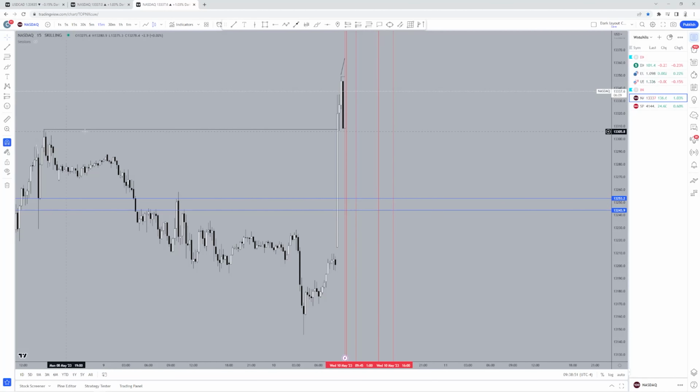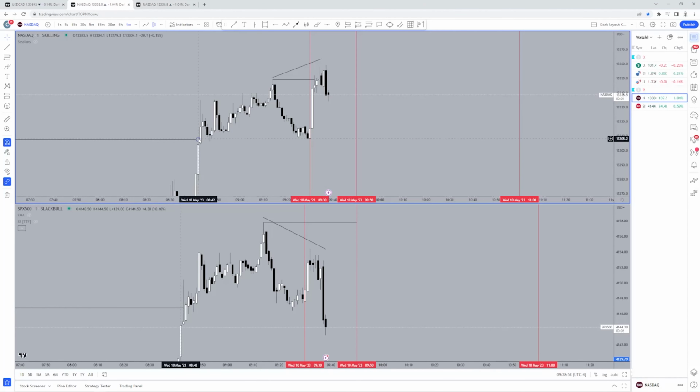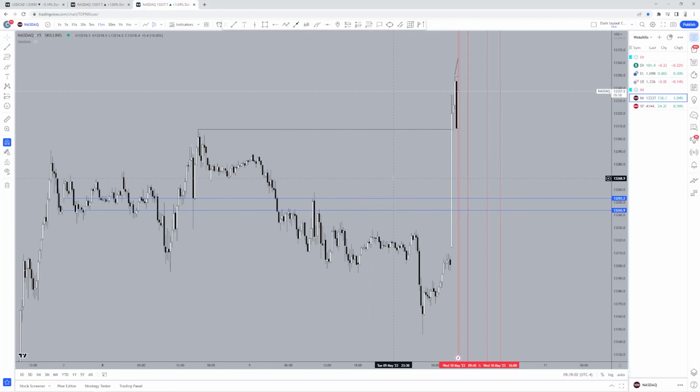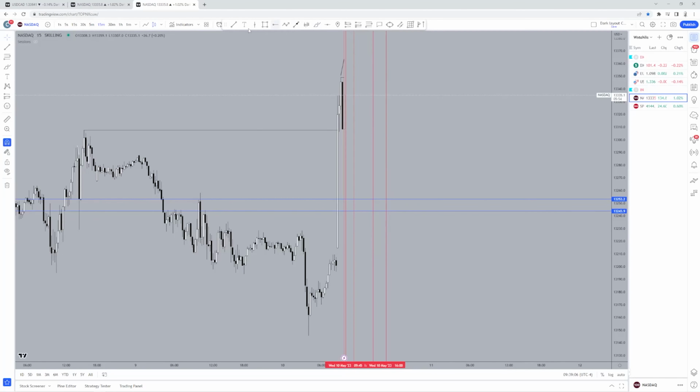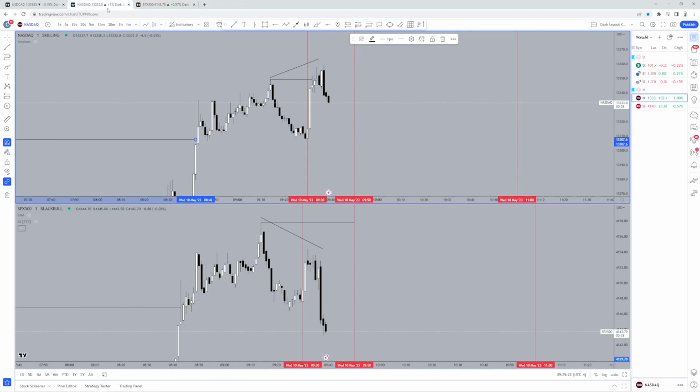You see how price reacted from this now, let's call it breaker block, broke above it, reacted on it exactly, and then went again. But we can certainly expect for price to retrace back into one of these areas exactly right here. Same exact thing, of course, on SPX500. This is the most important FVG.